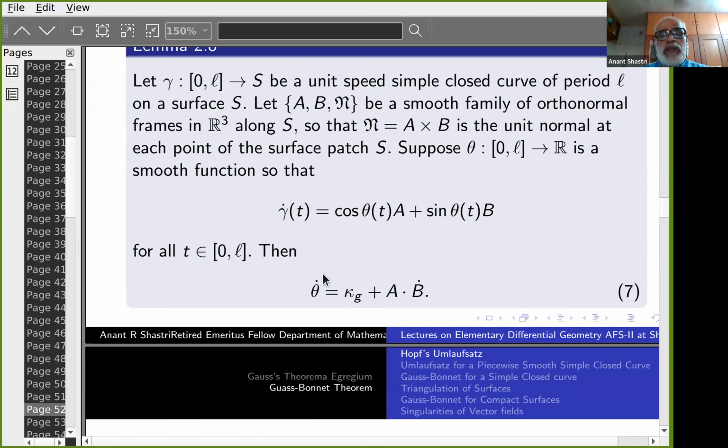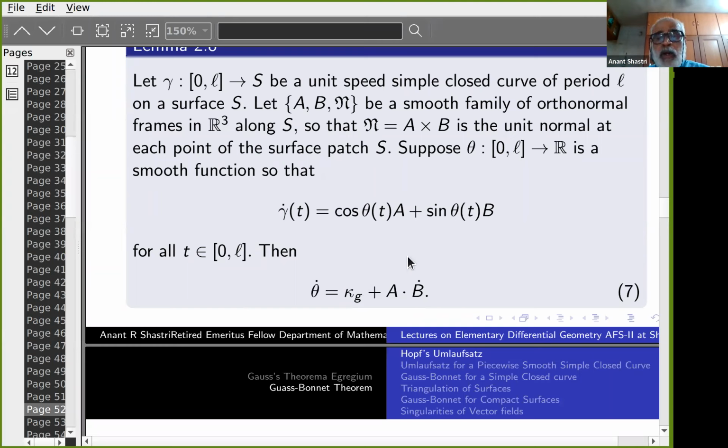The conclusion in the lemma is that the derivative of this theta with respect to t is nothing but kappa g plus a dot the derivative of b. So this is the formula I have. This is now the geometric aspect of a unit speed curve on a surface.